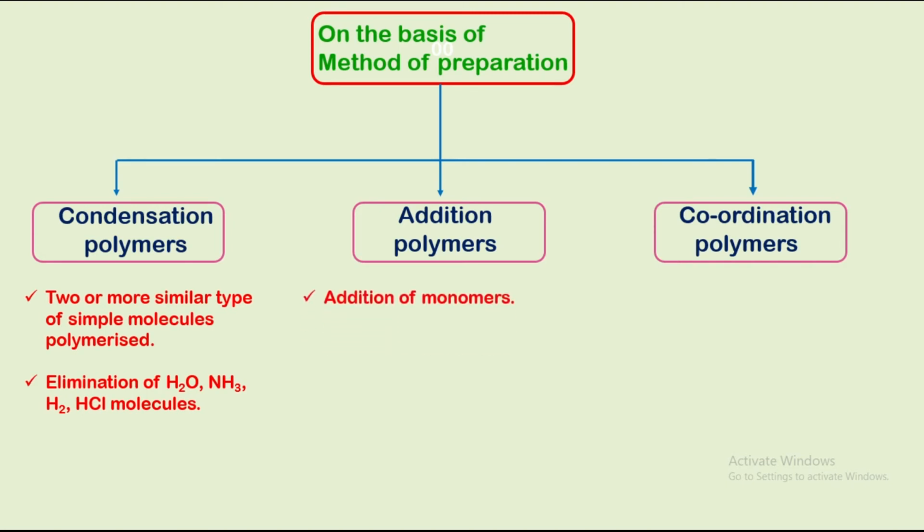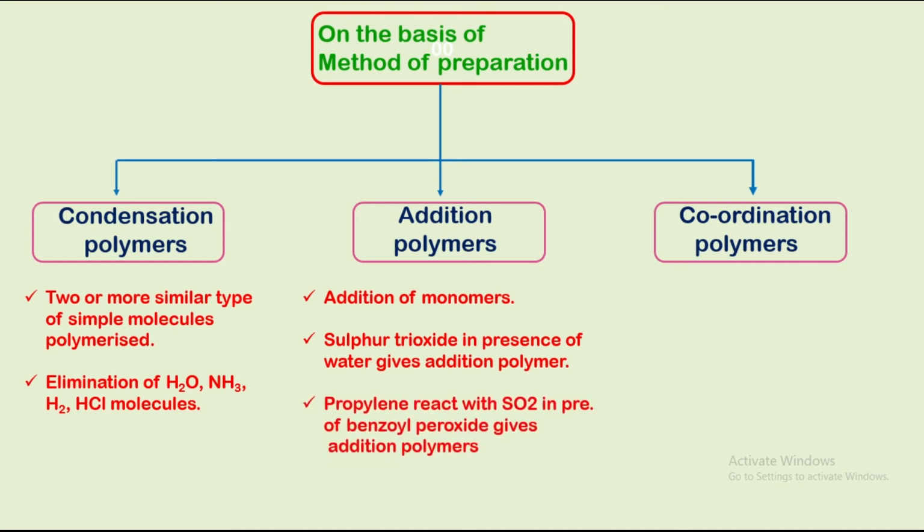In the case of addition polymers, monomers are added together. For example, sulfur trioxide in the presence of water gives addition polymers. Propylene reacts with SO2 in the presence of benzoyl peroxide, which gives an addition polymer. Now, coordination polymers.